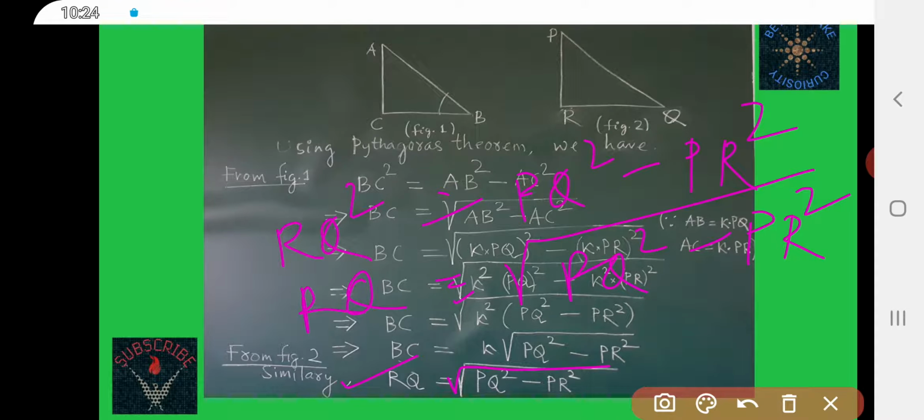Now you find the ratio of BC and RQ, that is BC by RQ.